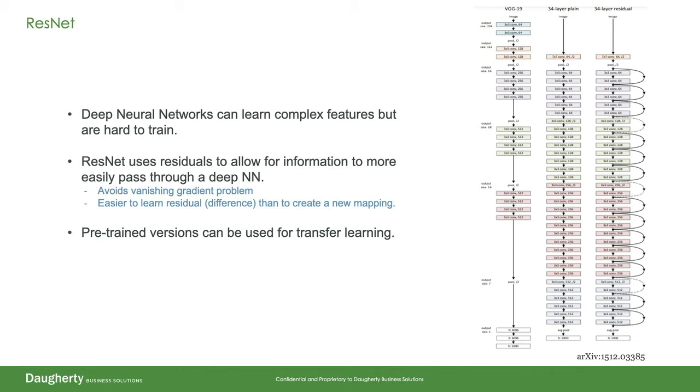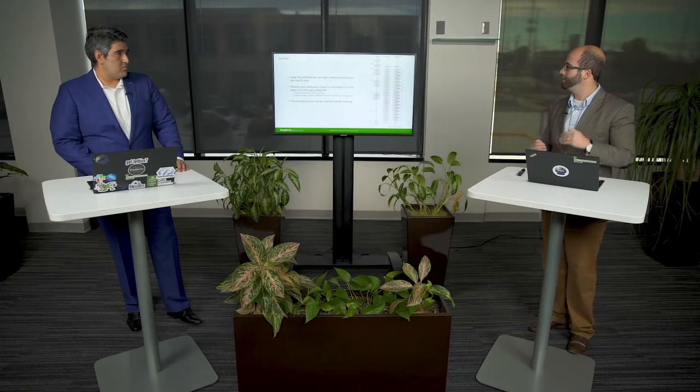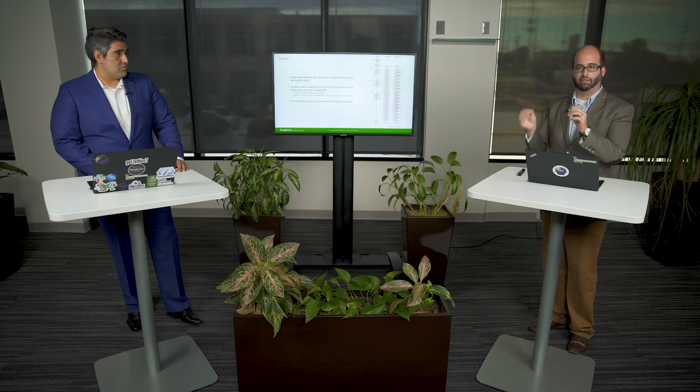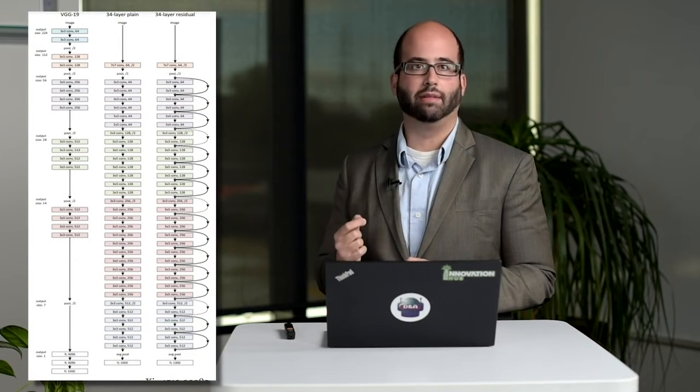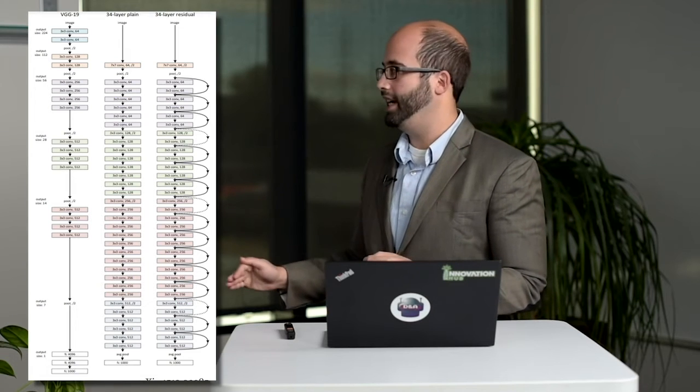What the residual block does is it takes the input and moves it along two separate paths. One goes through a set of convolutional layers, in this case two convolutional layers. The other uses a skip connection and goes around it, and then combines with it at the end. So this does a few things. One is it gives a very easy path for information to travel all the way through your model. It's just the identity.